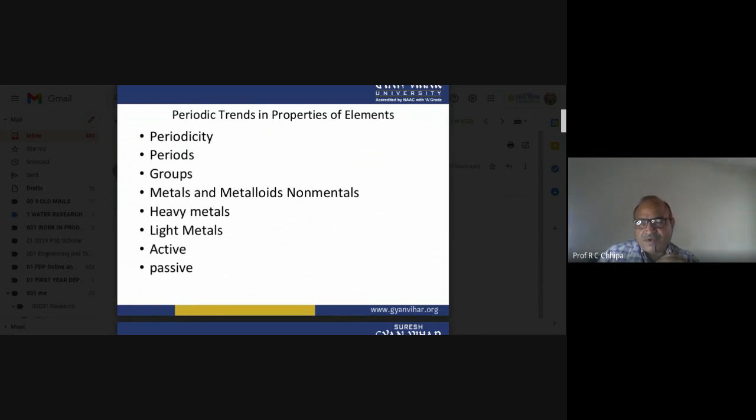Then there is the very systematic arrangement of the periods themselves, and the number of elements is also related to the respective periods. For example, in period number one, only two elements are there. Why two? That is the electronic configuration system, the above principles.